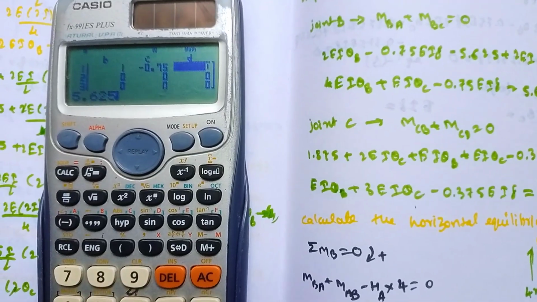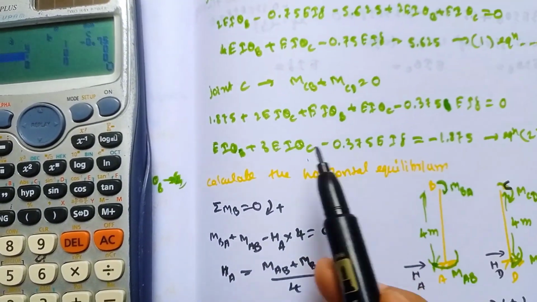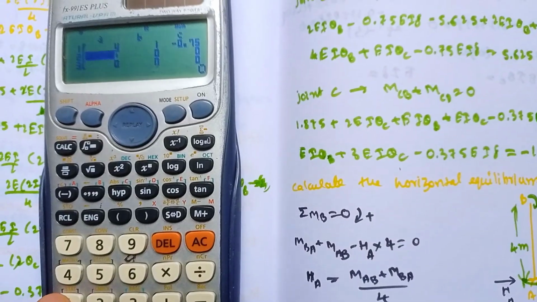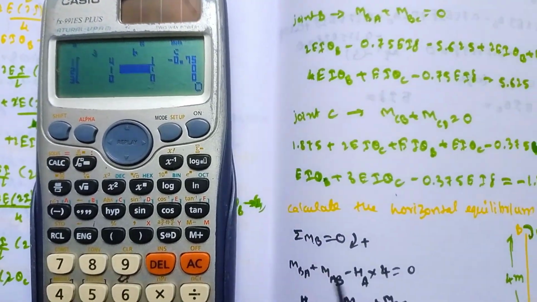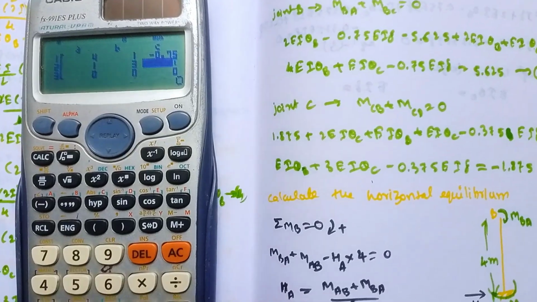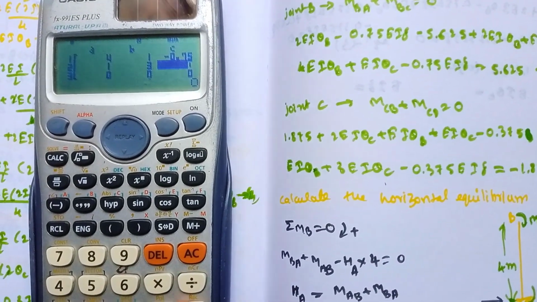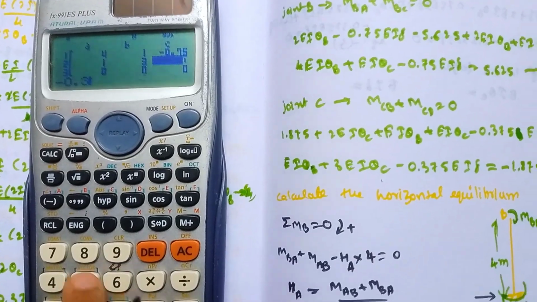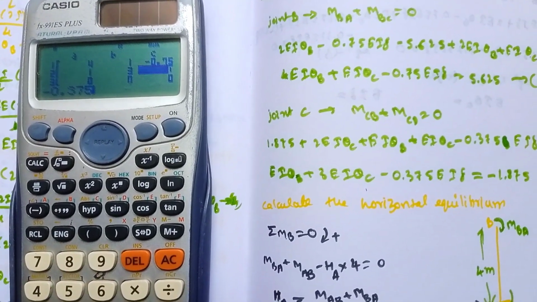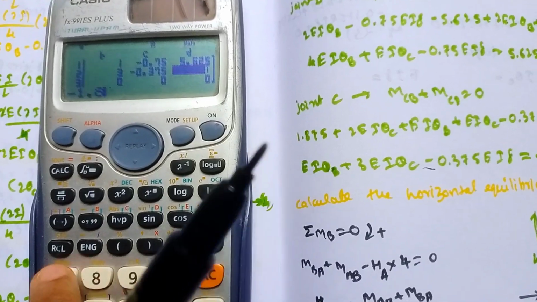Our equation number 2 is this one: EI theta B coefficient 1, EI theta C coefficient 3, minus 0.375 EI delta, equal to minus 1.875.